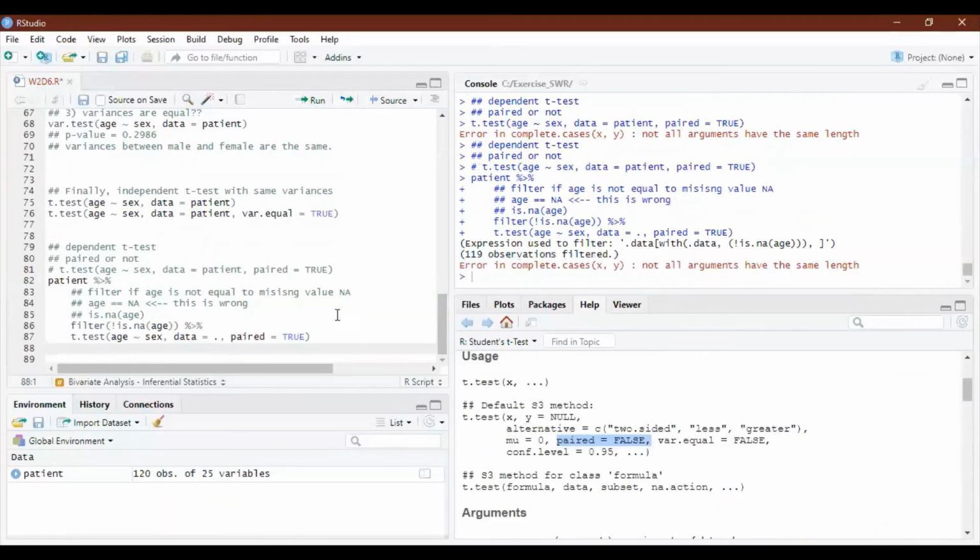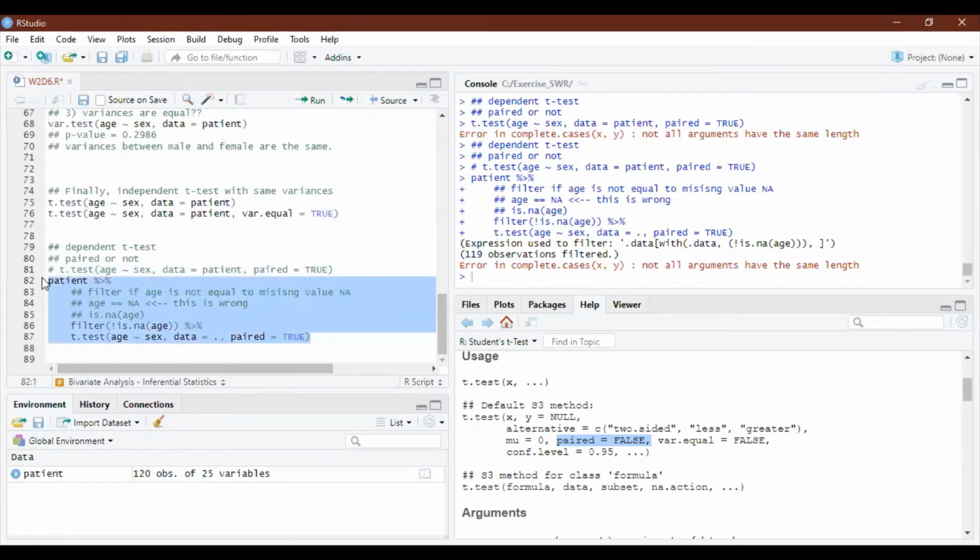I think this is essentially because with the paired argument true, we need to have the same length on both sides, right? Anyway, this is not working.